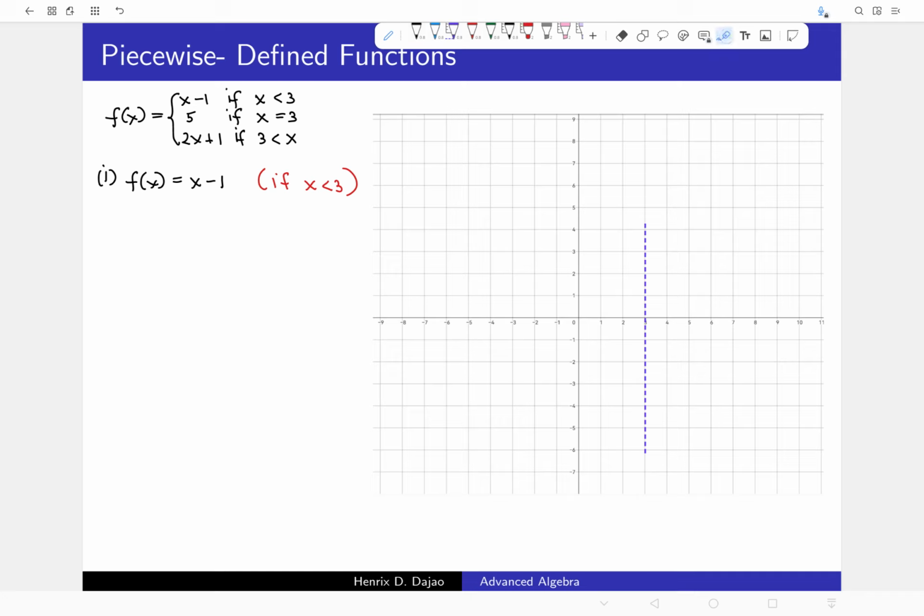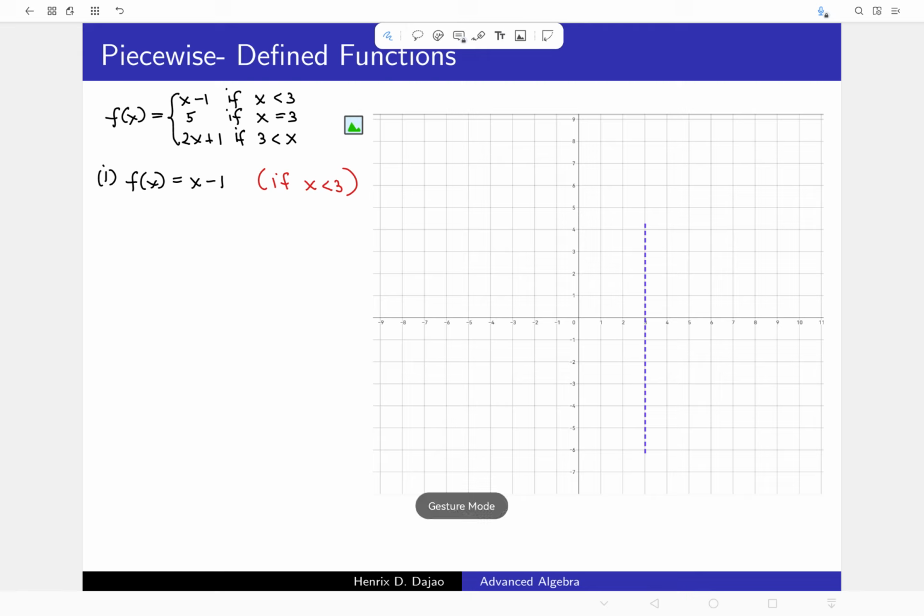Let us first let x be equal to 3 and see what's the corresponding value for f of x. We're going to select 2 points so that we can connect the line.